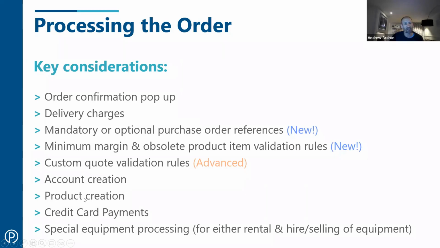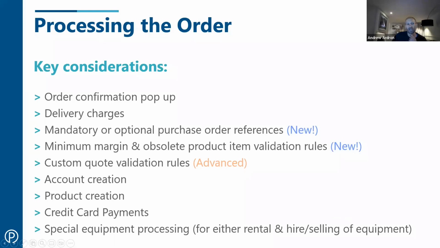We talked about creating products. Some of our integrations will create the product on the fly as you create the new product for the quote. Some will create it when the quote is confirmed, and that's different based on the limitations of the API from the ERP system we're using. Credit card payments we talked about, and again, I'm not going to get into this, but there are some special equipment processing rules if you're renting, hiring, or selling equipment that you want to track after you've sold it.